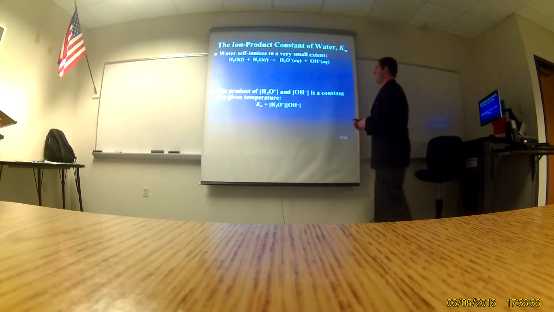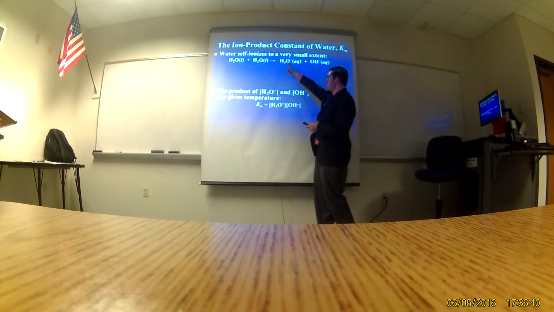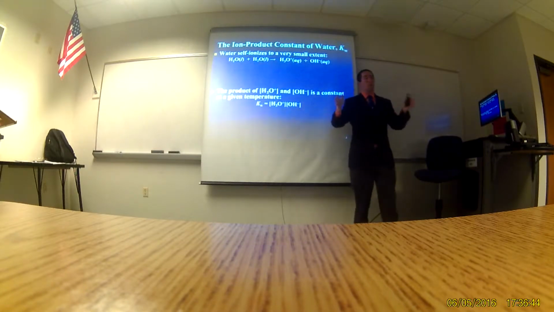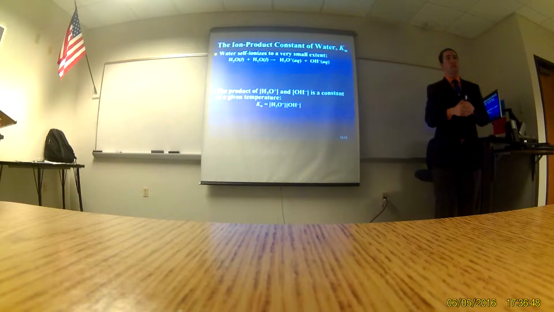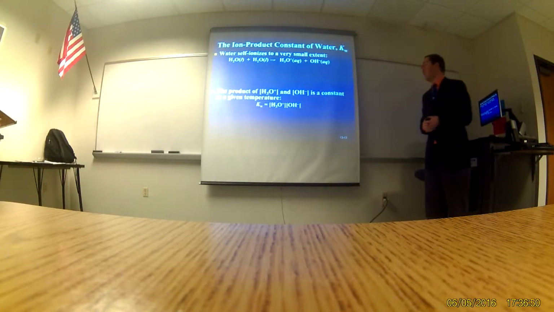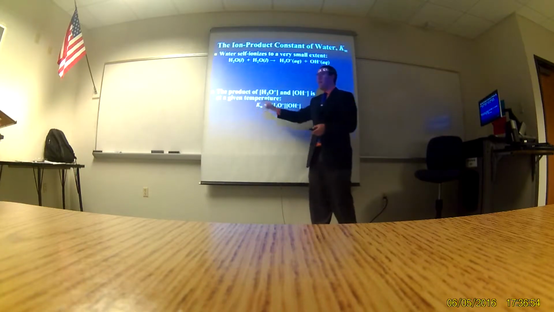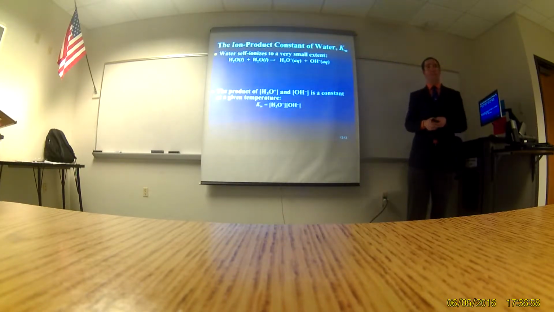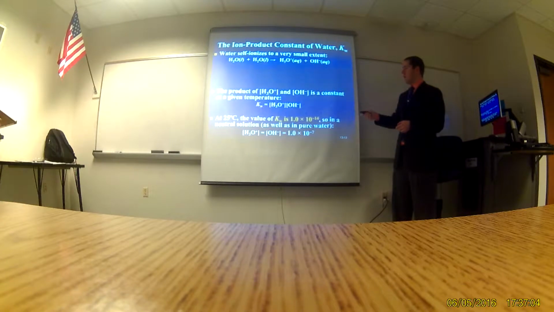Mathematically, if we take the concentration of this and the concentration of that, and we multiply them together in any solution, we'll always get the same number. If we always get the same number, that means it's a constant. Constants we mark with K, and this is KW, K of water.